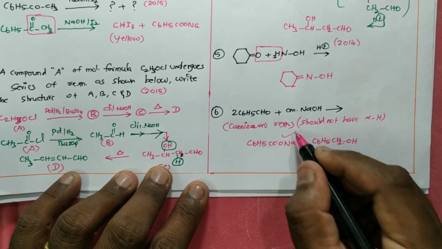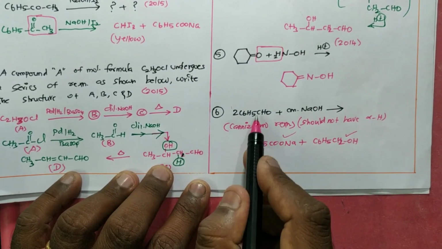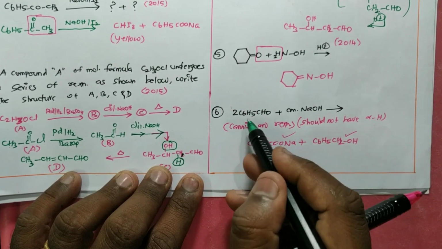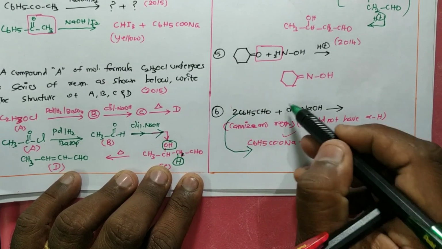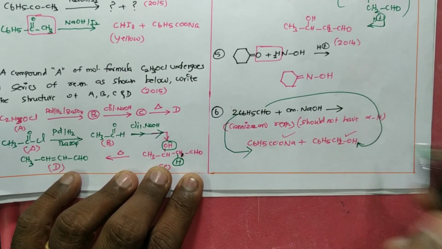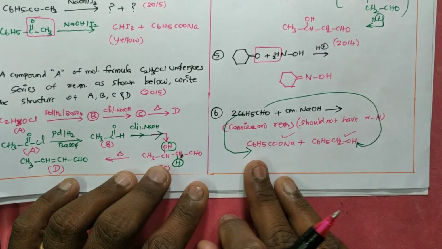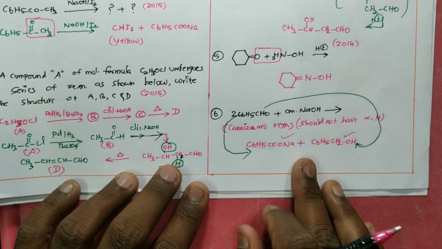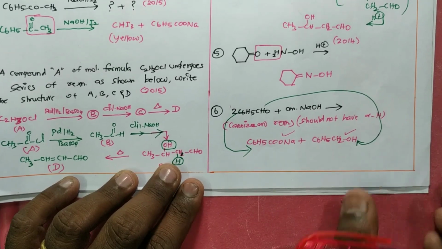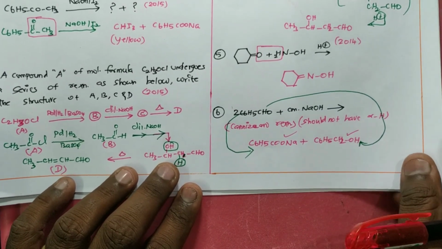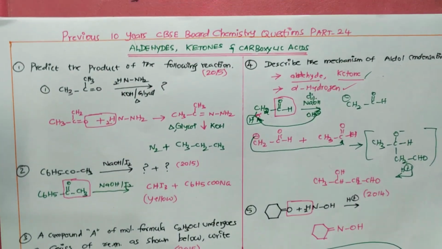One of the products is an acid salt, one is an alcohol. Here aldehyde to acid is oxidation, and aldehyde to alcohol is reduction. So both oxidation and reduction take place. That is why this reaction is called a disproportionation reaction. Are you able to understand, students? I think you understand very well.